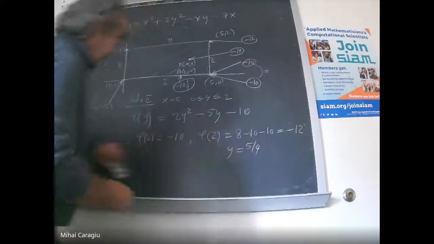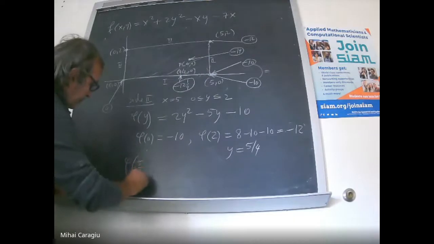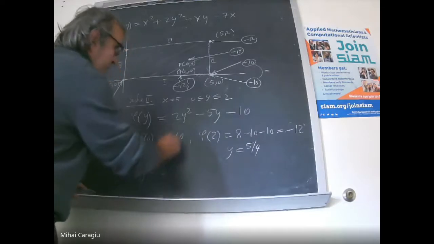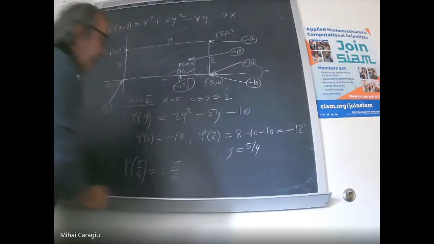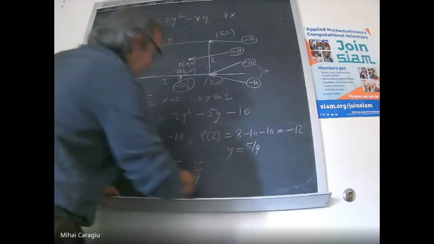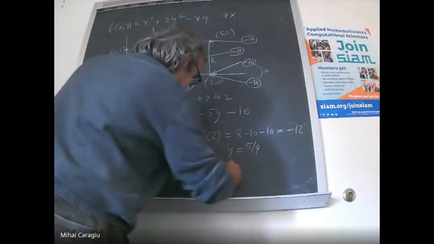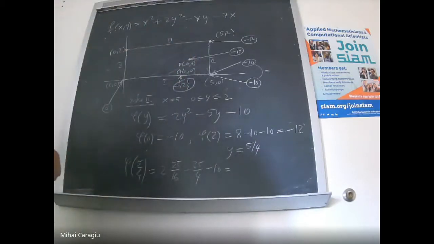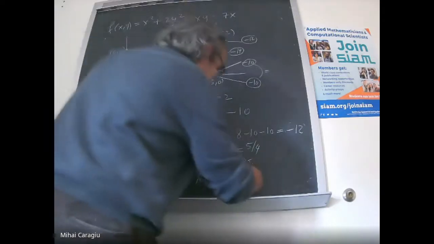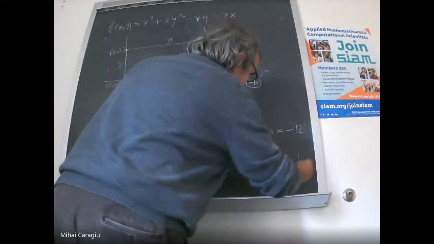Phi of 5 over 4 equals 2 times y squared, 25 over 16, minus 25 over 4, minus 10. This will be 25 over 8 minus 25 over 4, which is minus 25 over 8, minus 10, which will be minus 13 and 1 over 8.